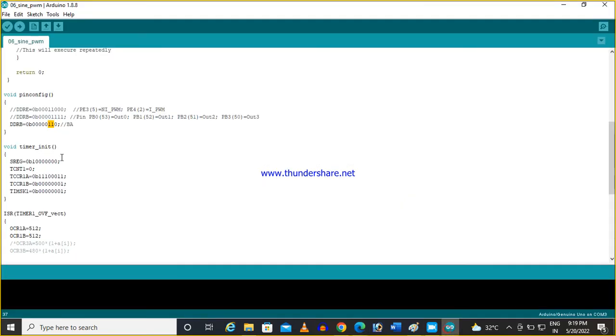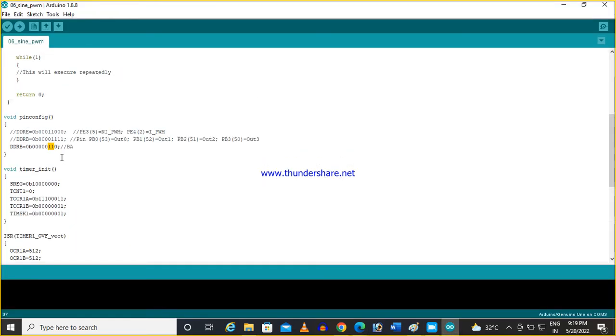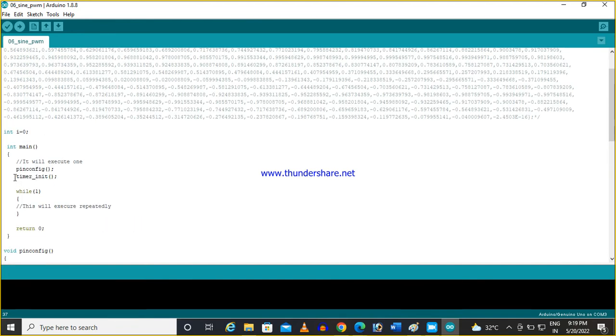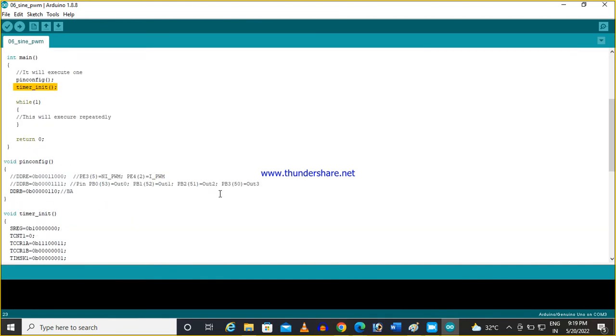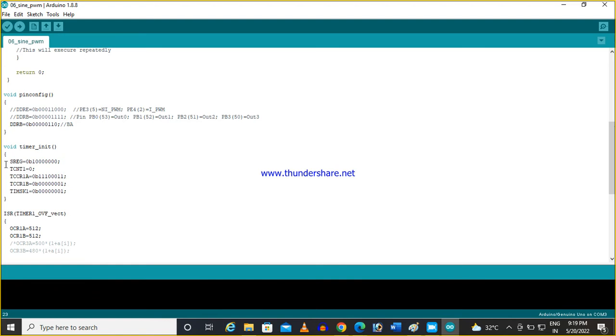The next thing I have used here is a timer initialization function. You are already familiar with the special register SREG, because I am going to use some interrupt.